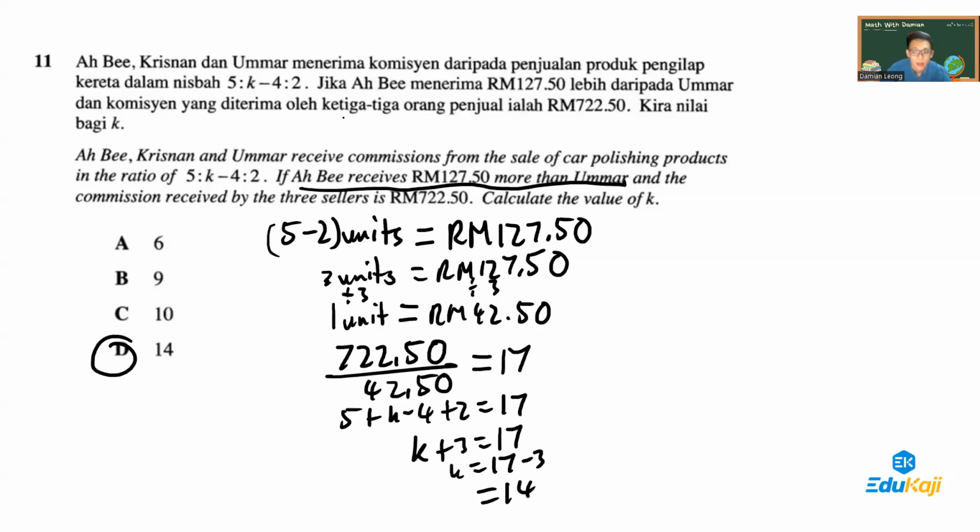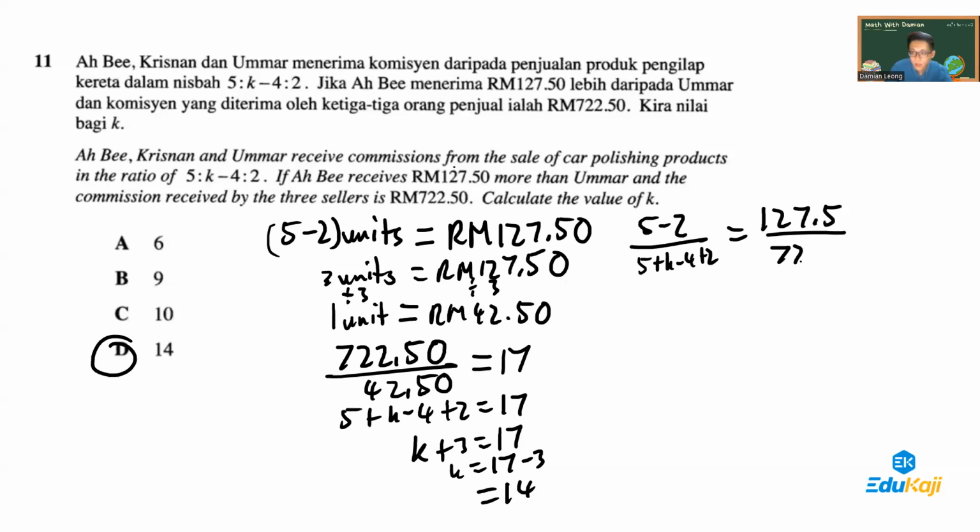Answer D. Another way of doing this is the ratio between the amount and the ratio for the number of units is the same. Means 5 minus 2 over 5 plus k minus 4 plus 2 equals 127.5 over 722.5.